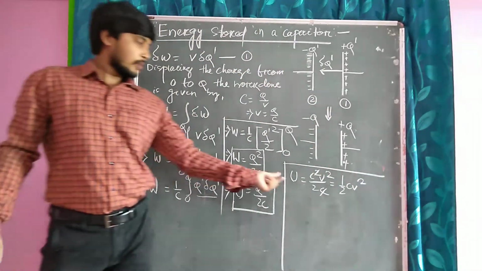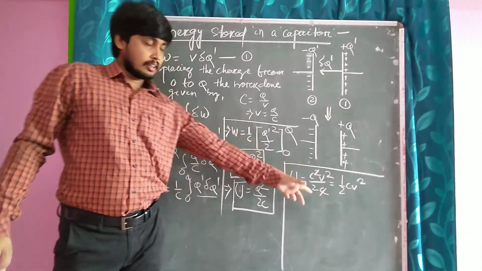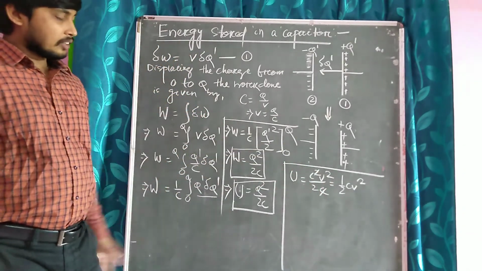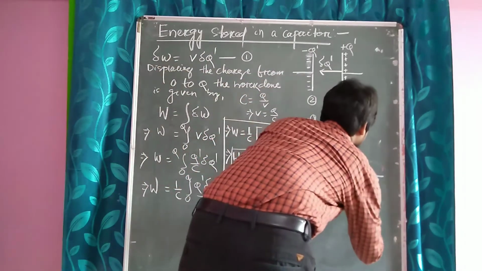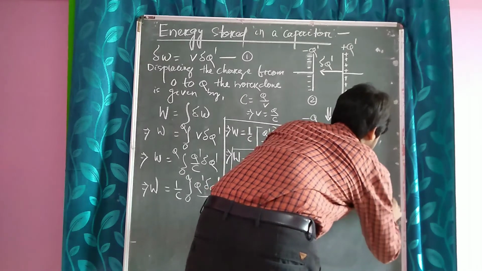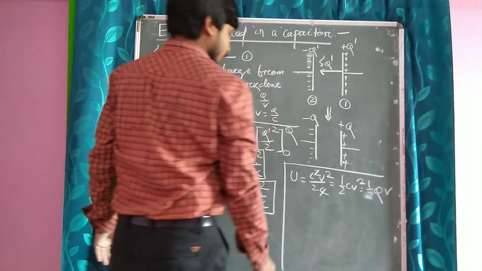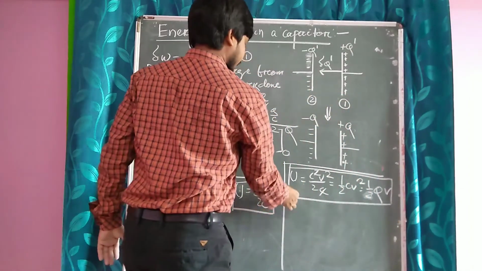So this is another form of the potential energy, U equal to half CV square, and again this can be written as half Q into V. So this is the other form of the potential energy stored in a capacitor.